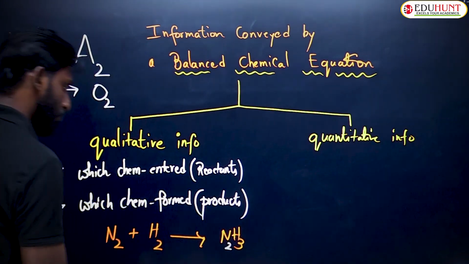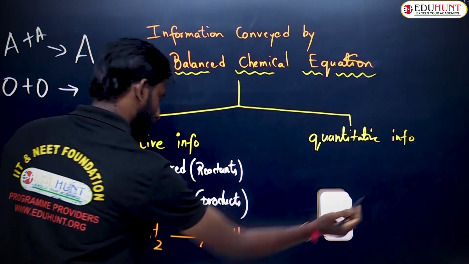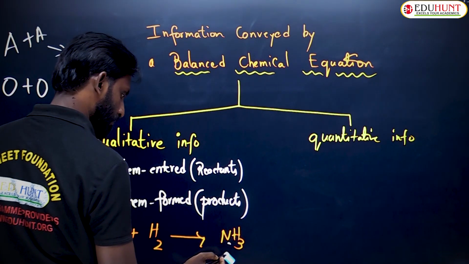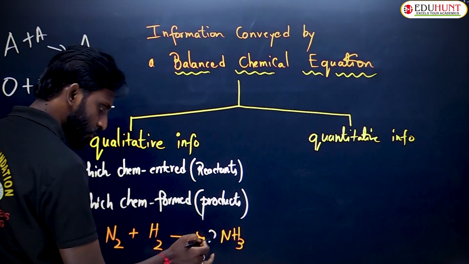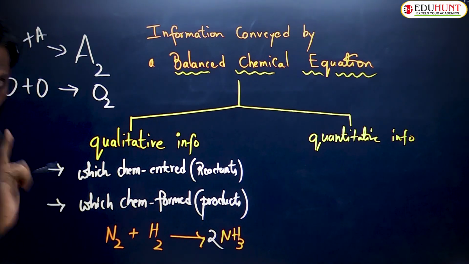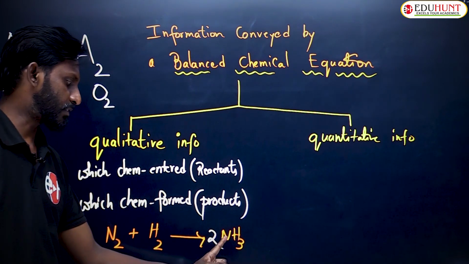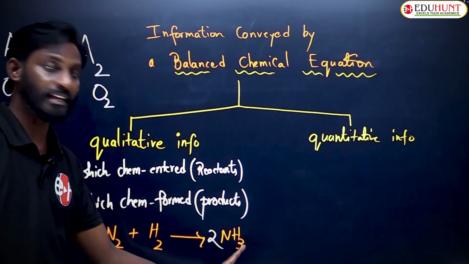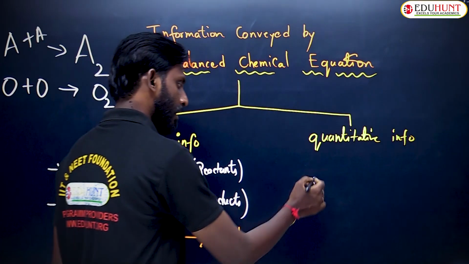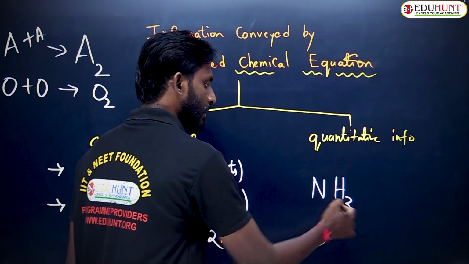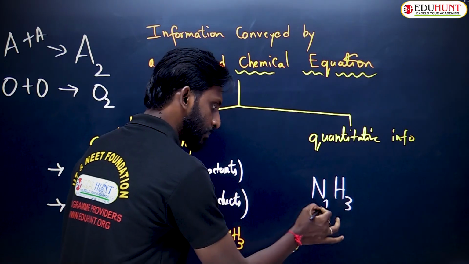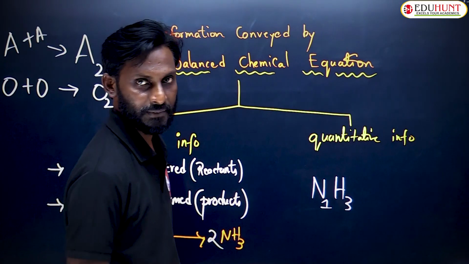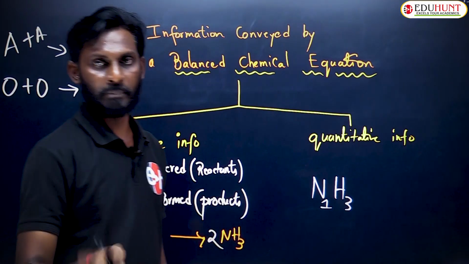So to show 2 nitrogens, change only the coefficient. I am going to write 2 here. But in that process, there are 2 nitrogen and 2 3s are 6 hydrogen. How to count, sir? Listen carefully. When there is no subscript, it means the subscript is 1. 3 is the subscript for hydrogens.